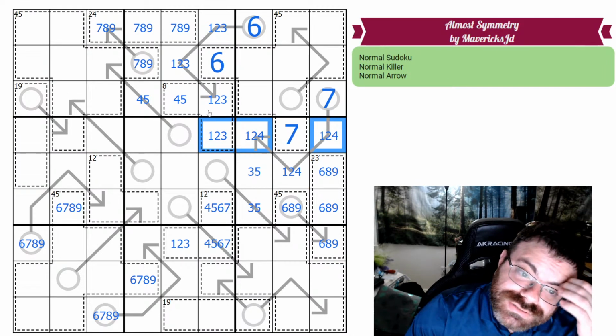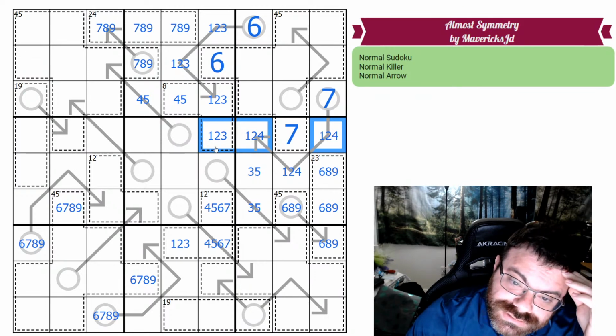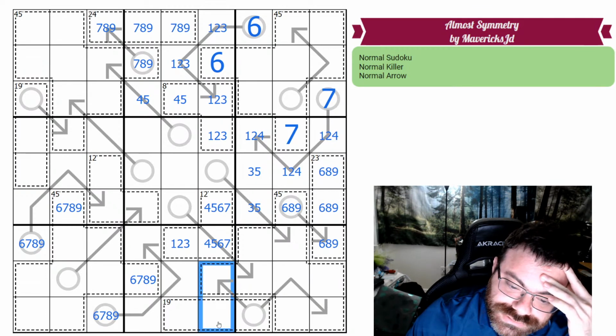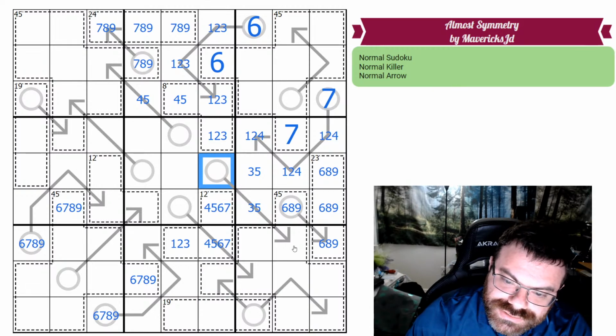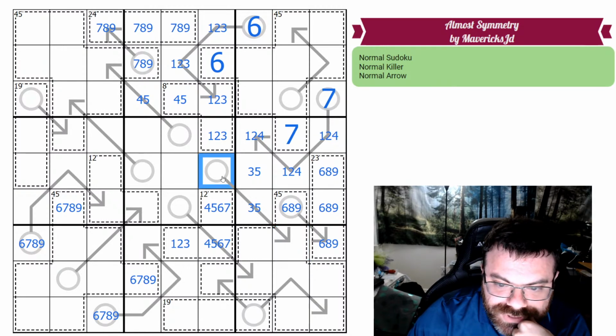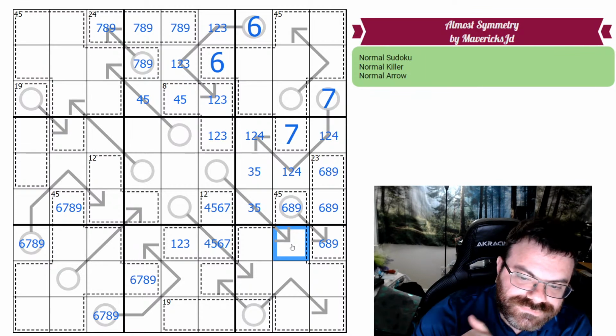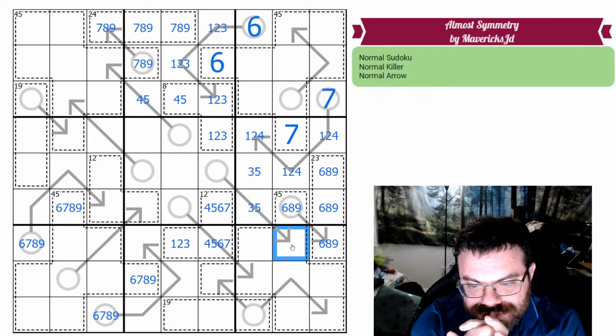It's almost lock set. So where do 8 and 9 go then? I guess these 3. If this were an 8, then this would be a 3 or a 5. If it were a 9, then this would be a 4, a 6 or a 4.